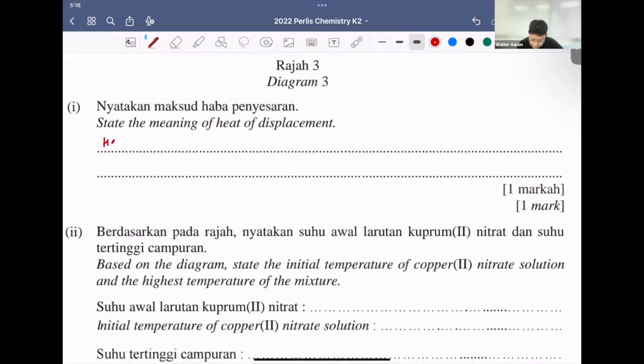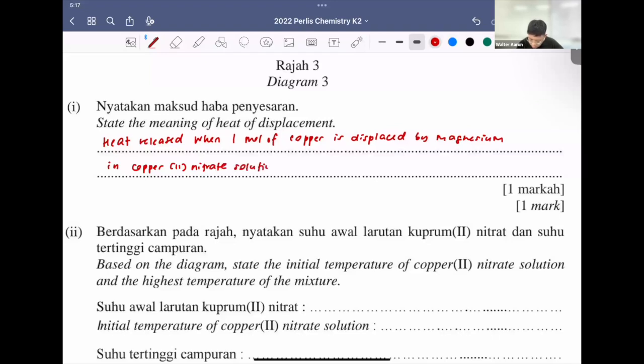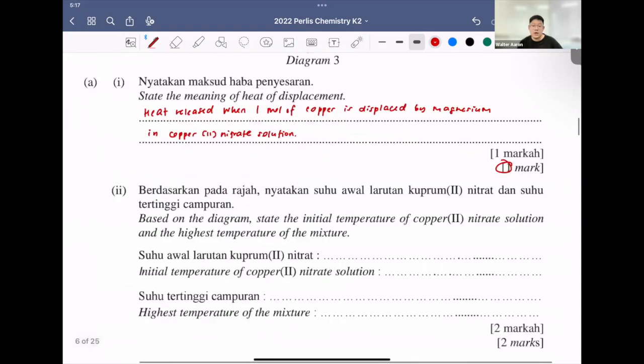So you put over here: heat release when 1 mole of copper is displaced by magnesium in copper 2 nitrate solution. So you get 1 mark. So that's the definition-based question.